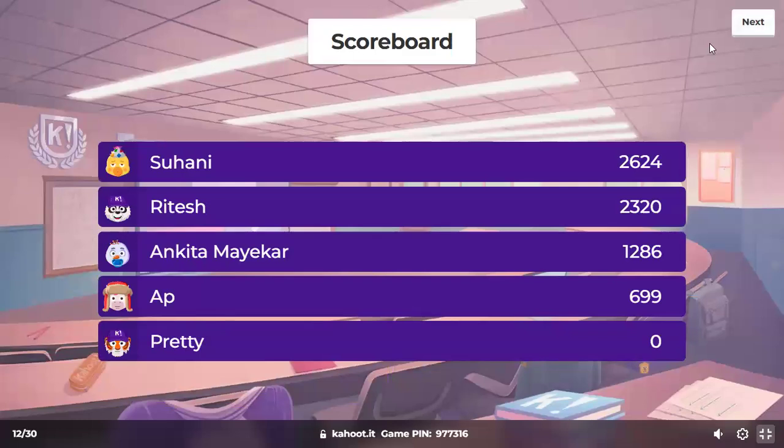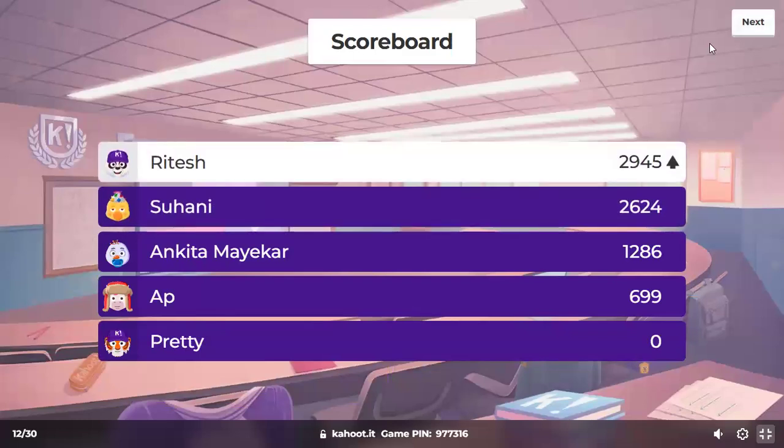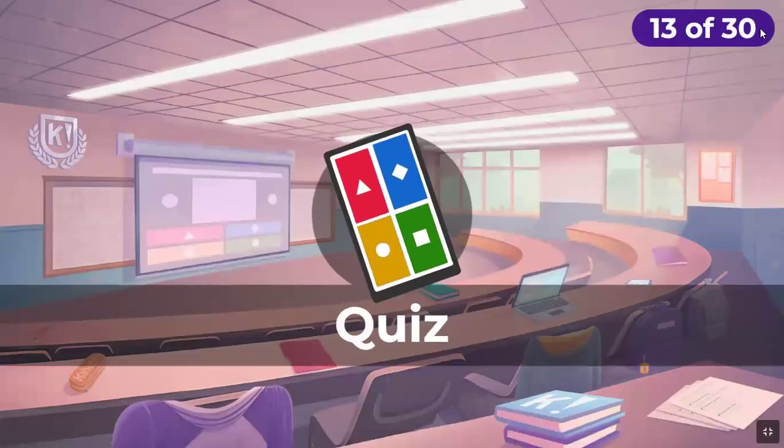Let's see who is leading. Okay, now Ritesh is leading. Suhani is down by four. So we'll complete 15 questions and then we'll go with our next part.